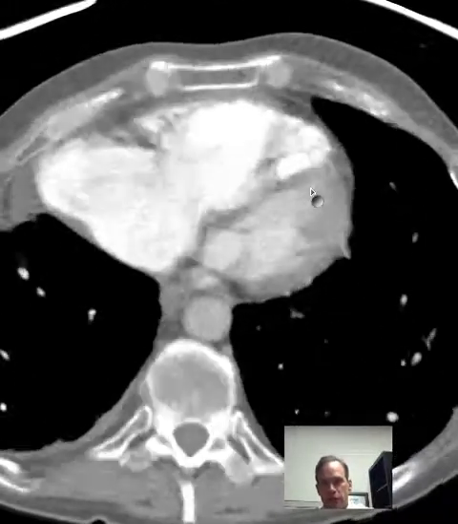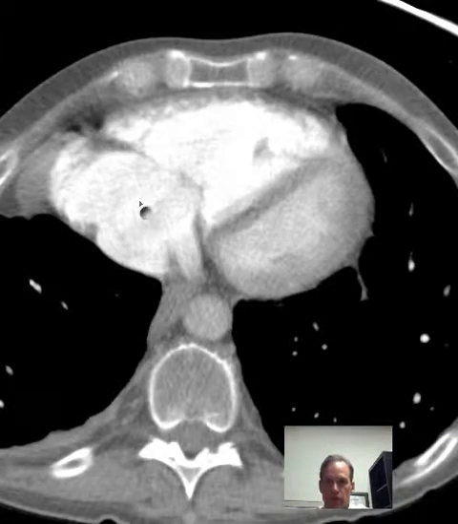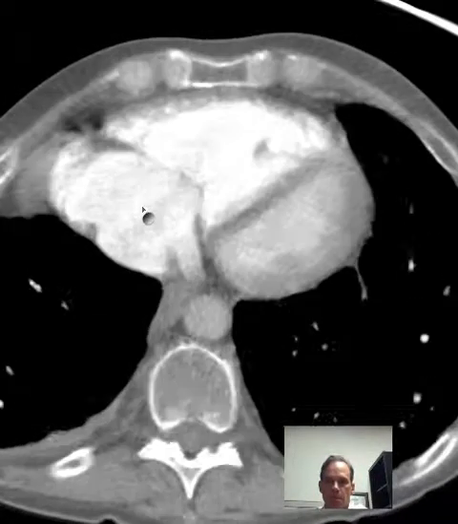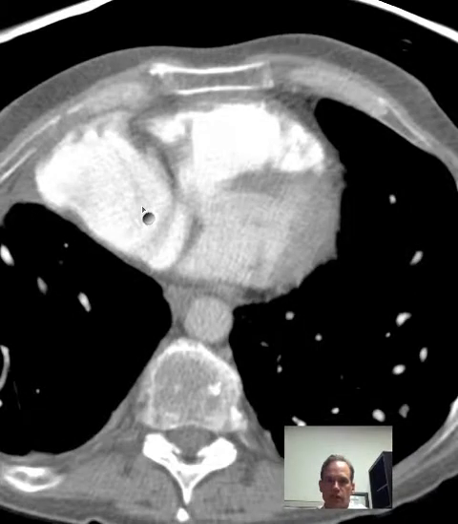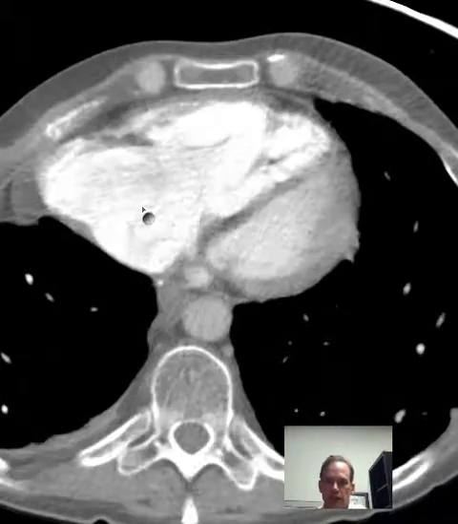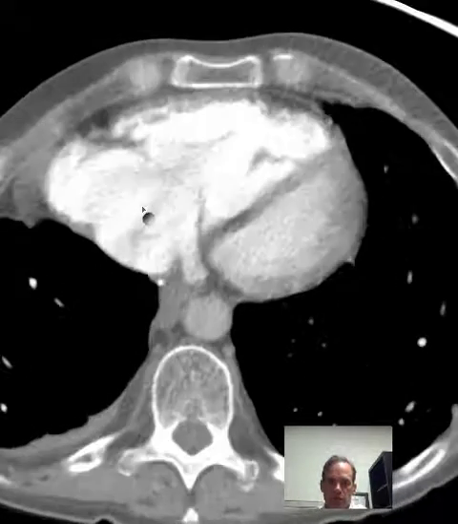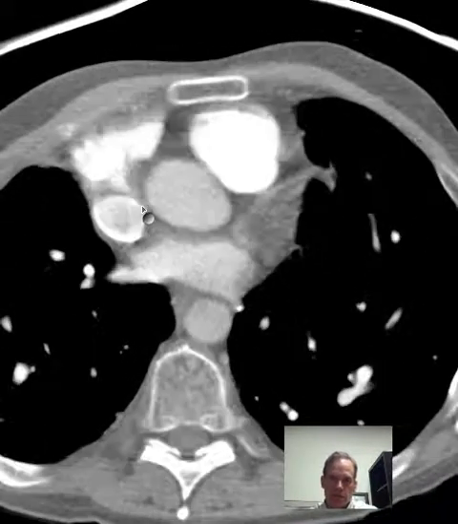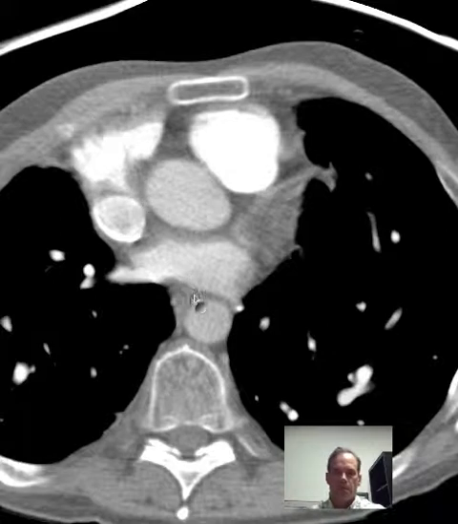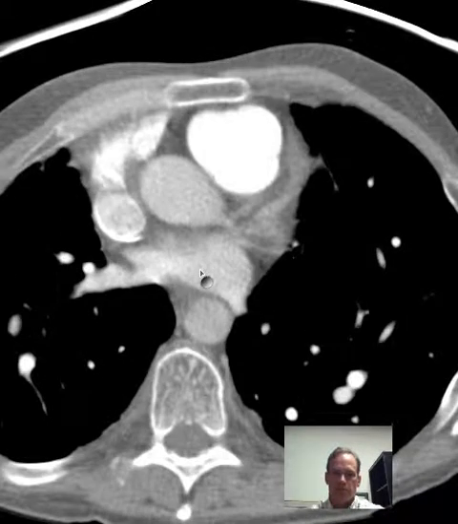And so that back pressure does go back to an extent to the right atrium, which is what we're seeing here. That's dilated. The left atrium then is going to be small.